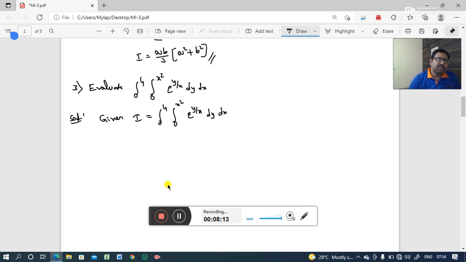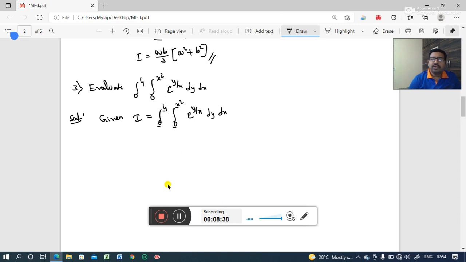The first integral limits are from 0 to 4, which means constant limits. Let us look at the second integral, 0 to x square. Lower limit is 0, of course it is a constant, but upper limit is x square. X square means it is a variable limit, not a constant limit.